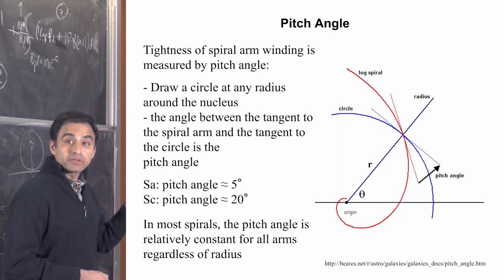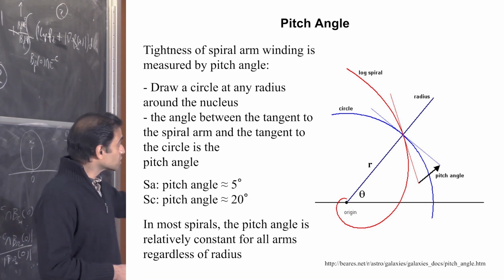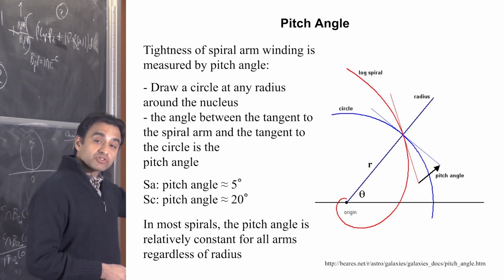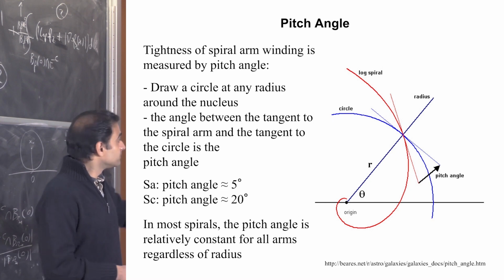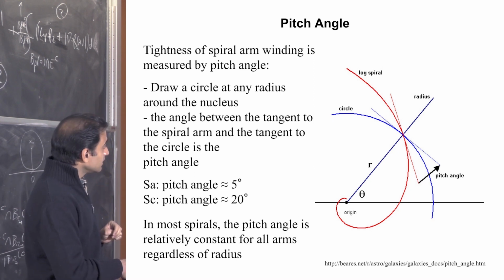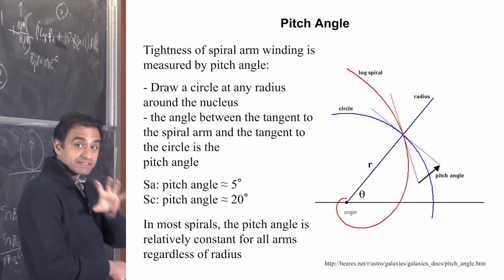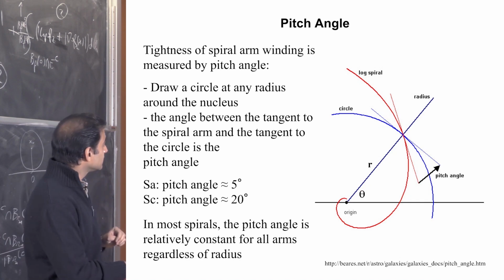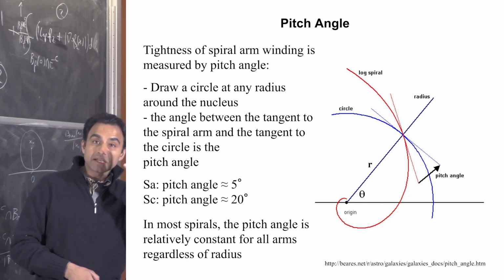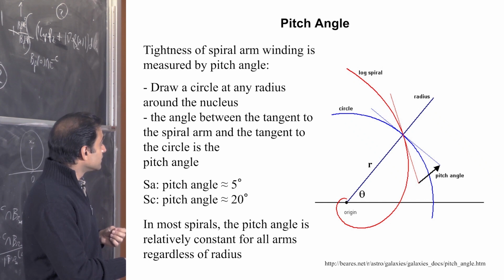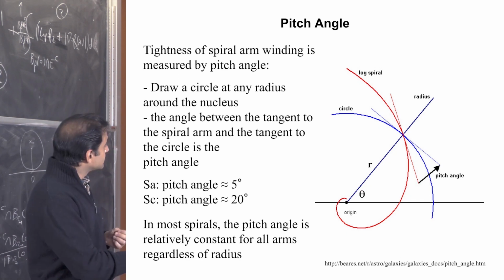So let me guide you through this plot to show you what astronomers mean by pitch angle. If this is the origin of the galaxy, the center of the galaxy, think about the Milky Way, for example, this is the center of the Milky Way. This is one of the spiral arms coming out. What astronomers do is draw a line from the center outwards.